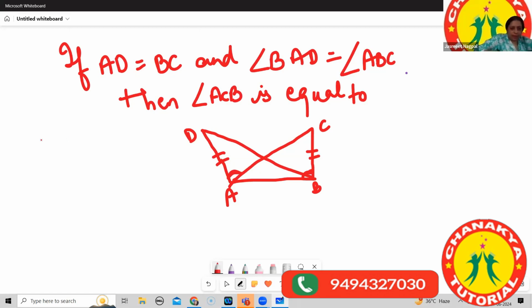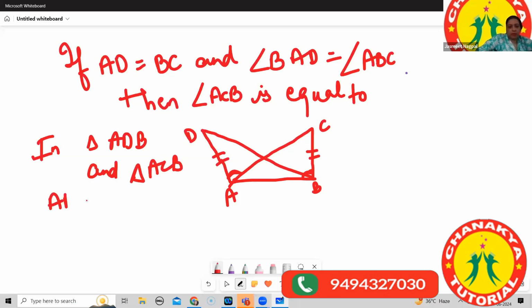And the way to write in triangle, firstly you will write in triangle ADB and ACB. This is mandatory. Then you will write AD BC equal. Then you will write this is given.